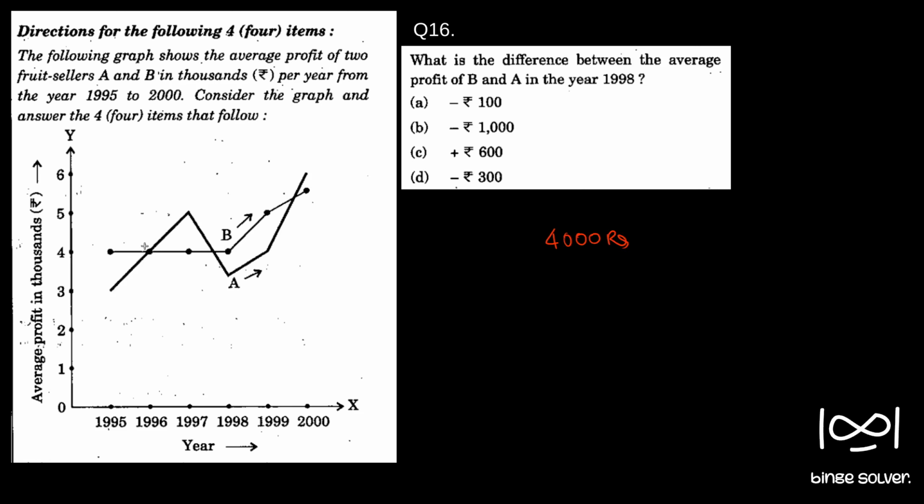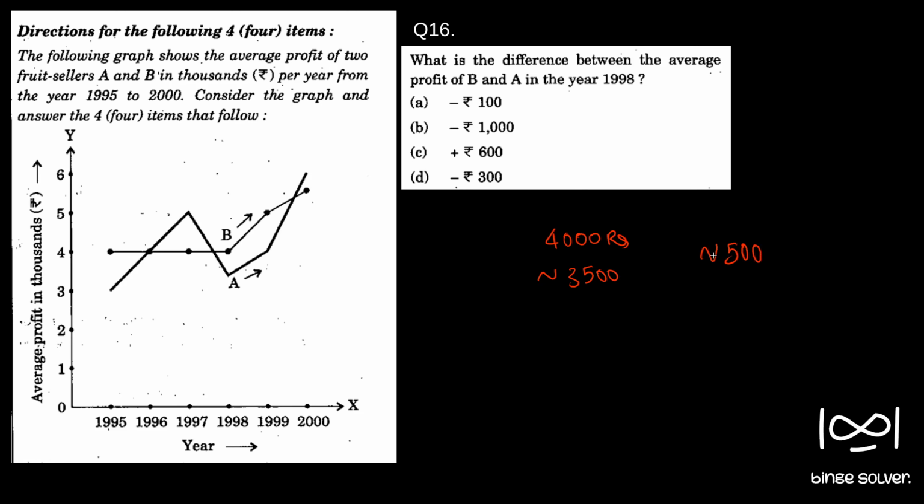The average profit of A is above 3,000 and below 4,000, somewhere around 3,500. It is not clearly marked. So it is around 3,500 for the year 1998, and the difference becomes around 500 rupees.